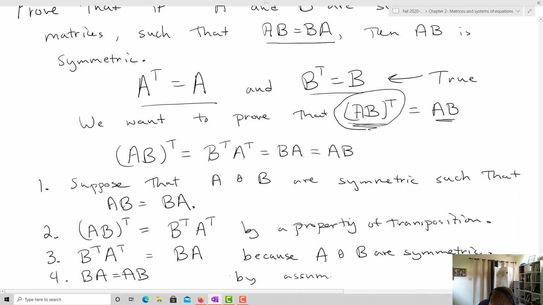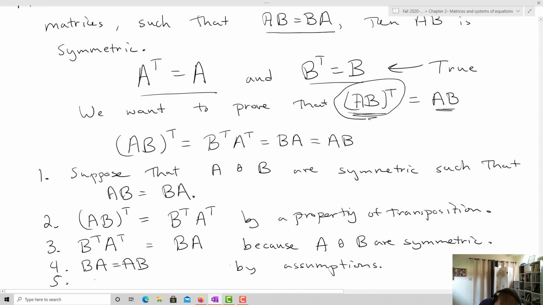We said earlier that they are in fact commutative. Are matrices always commutative? No, they're not, but we did say that in this case they were. So, 5, AB transpose equals AB.